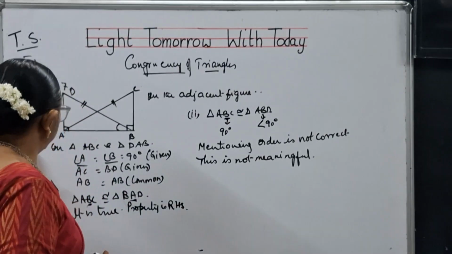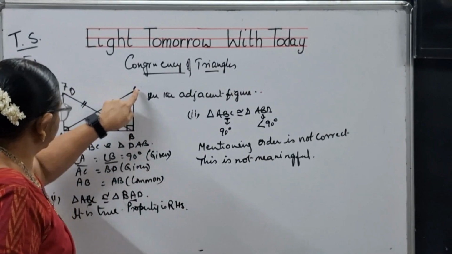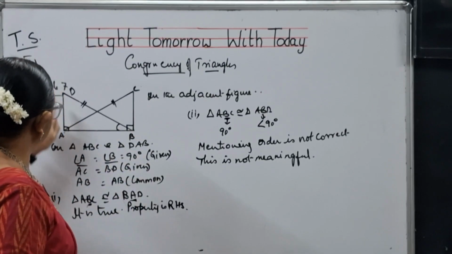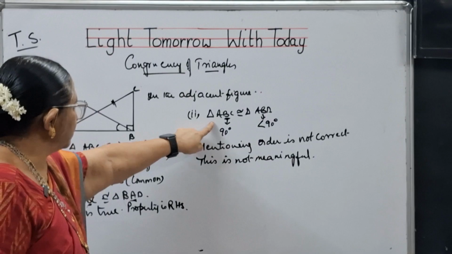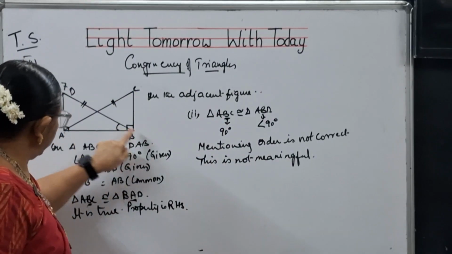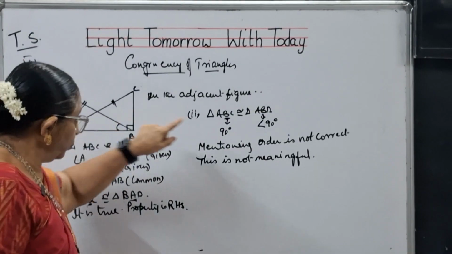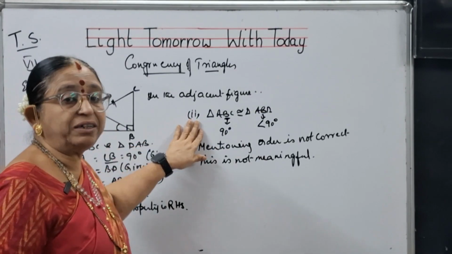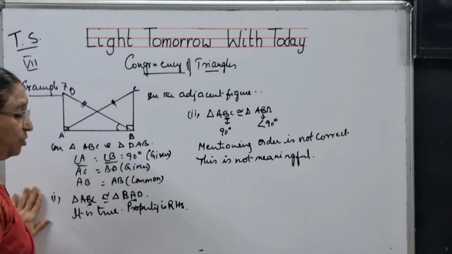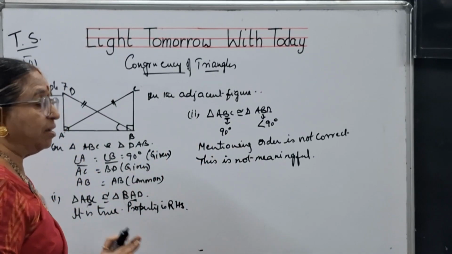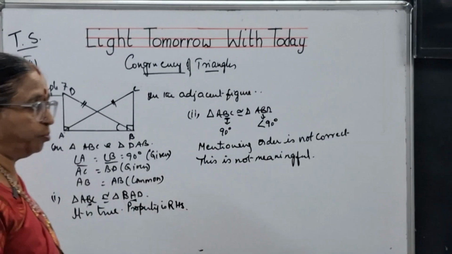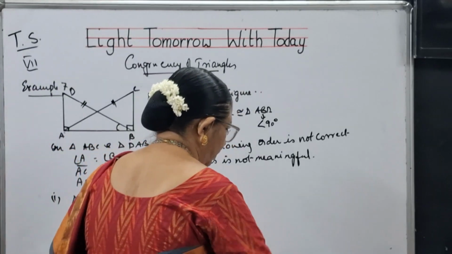So here the order is A, B, C, where B is 90 degrees, and here the order is B, A, D, where A is 90 degrees. But in A, B, D, B is not 90 degrees. So we are not supposed to mention the congruency in this way. We are supposed to mention it this way only. So when you are mentioning two triangles basing on the RHS property, you need to use this. I hope I am clear, children. Please note it down.